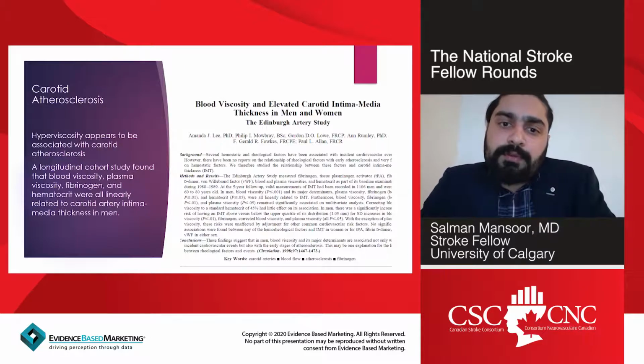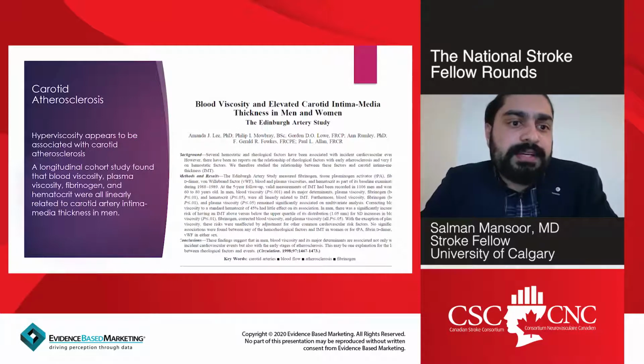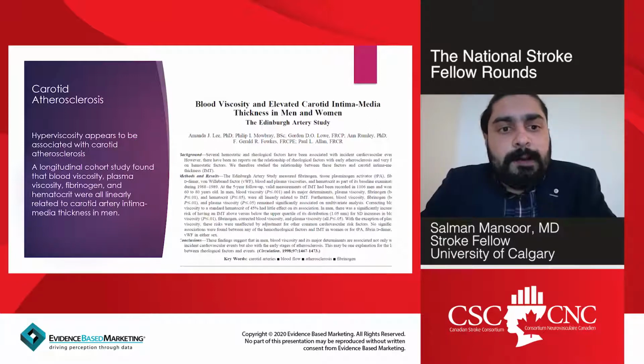This was a paper which was published by Lee et al., and it was looking at blood viscosity and elevated carotid intima media thickness in men and women. It was from the Edinburgh group, and what this study found out was that hyperviscosity seemed to contribute to carotid atherosclerosis pathogenesis.